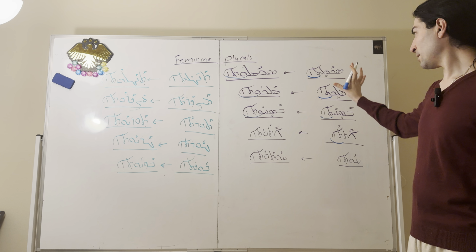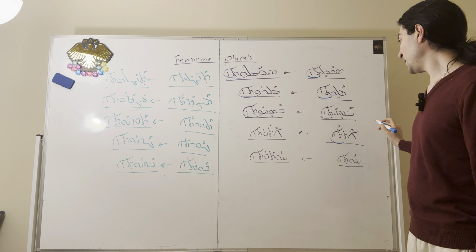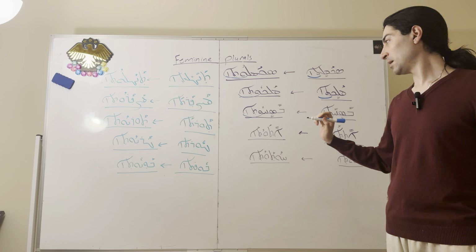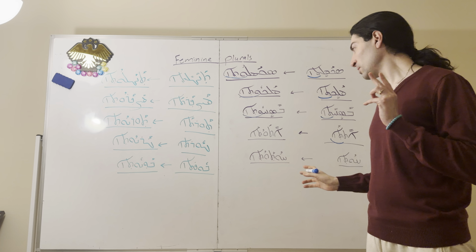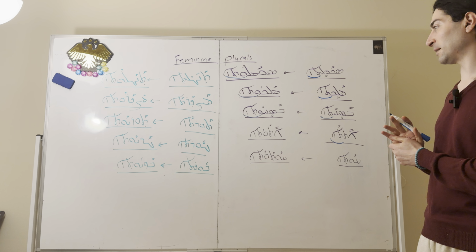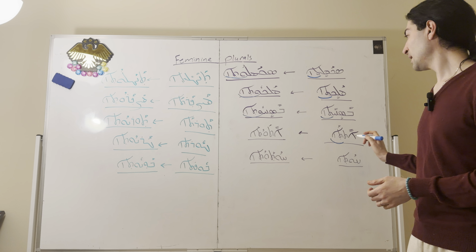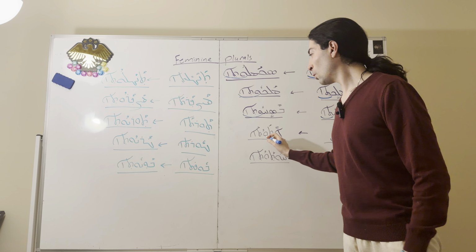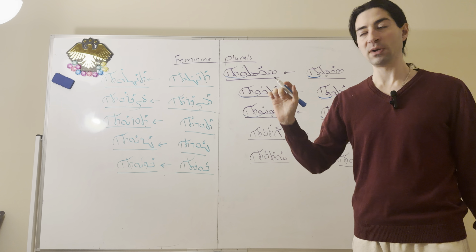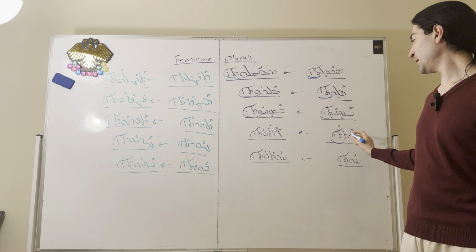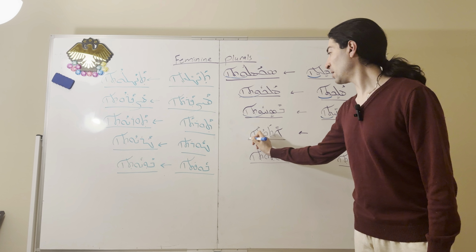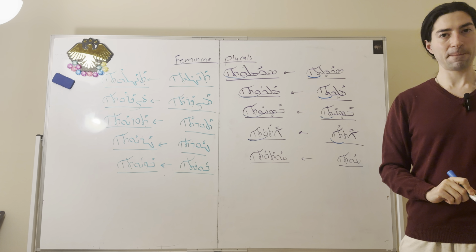If we follow that same rule, it would be itchutha. However, because it's only two syllables, we elongate it a little bit and it becomes itcha wutha. So there's a wu. The plural of ichtha is itcha wutha.